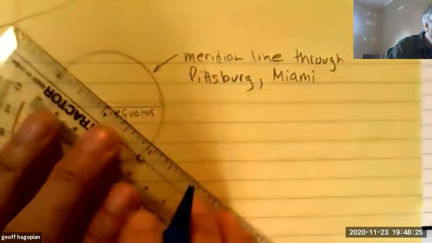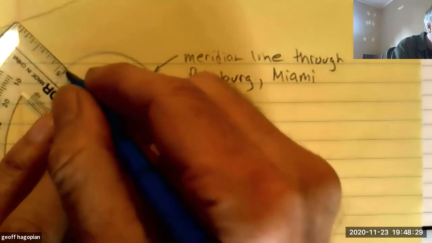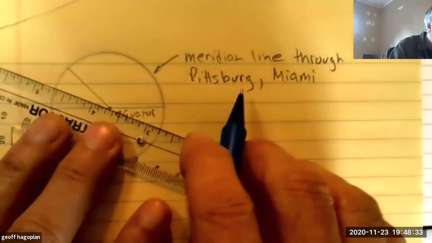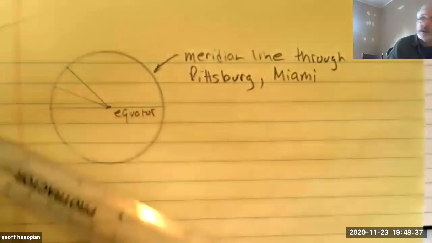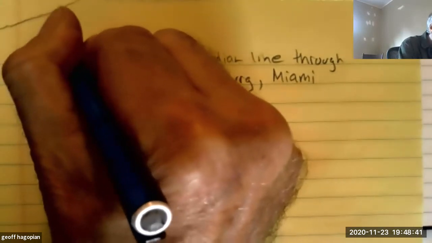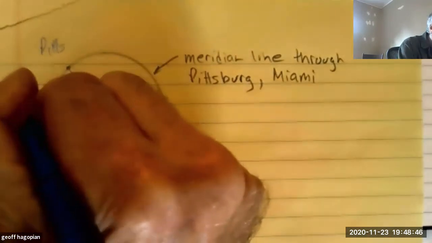Okay, and they tell us that Pittsburgh is at about 40 degrees. Let's say that's about like so. And Miami is at about 25.5 degrees. So here's Pittsburgh. Here's Miami.